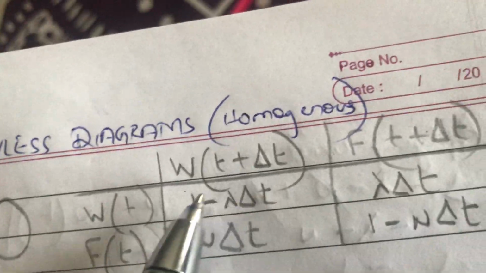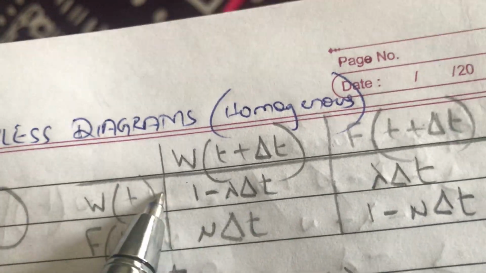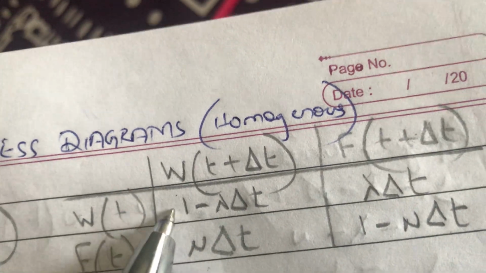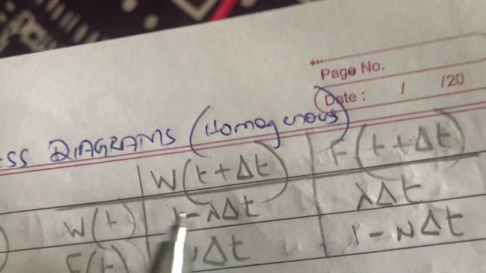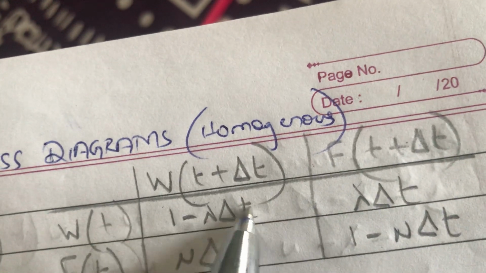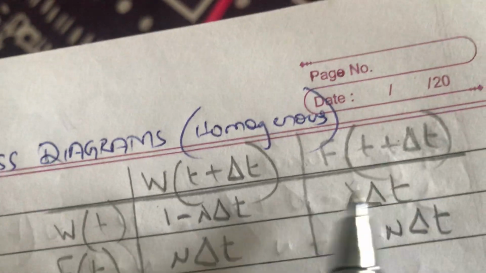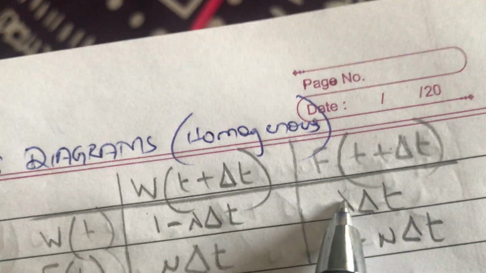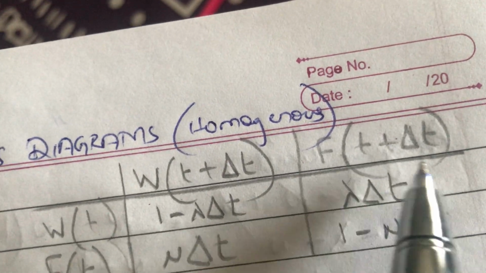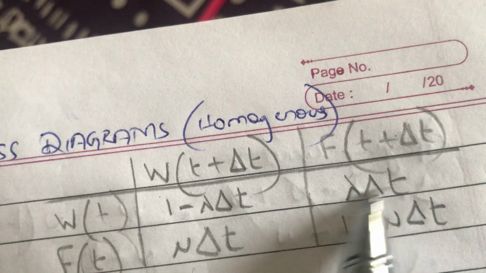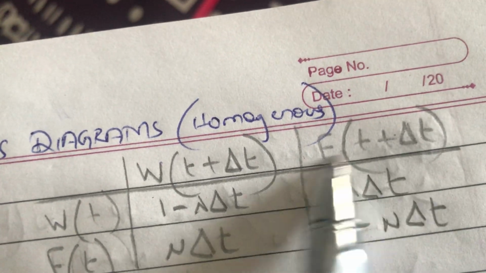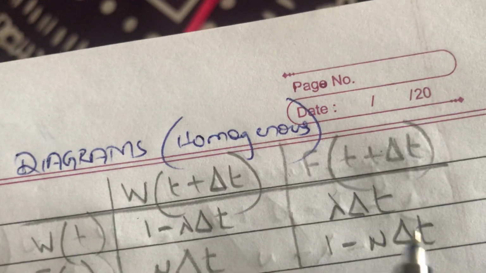You can see that when we were over here, and now we are here, we were going from working condition to failed condition. At working condition, the item had no failure rate, so 1 minus lambda, and here at failed condition, our item had failed, so we were at completely failure condition.